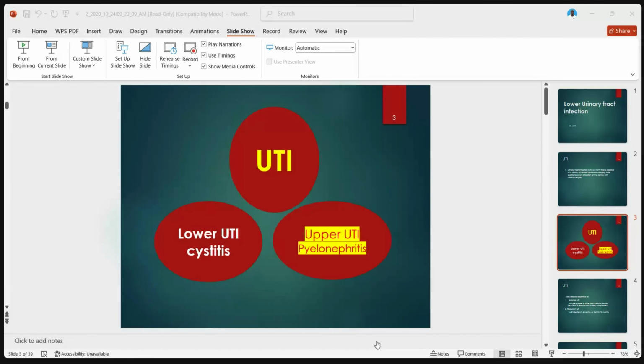How many says that they will go up? Okay, nice. Three more. Now the majority wins. The white blood cells will go up.